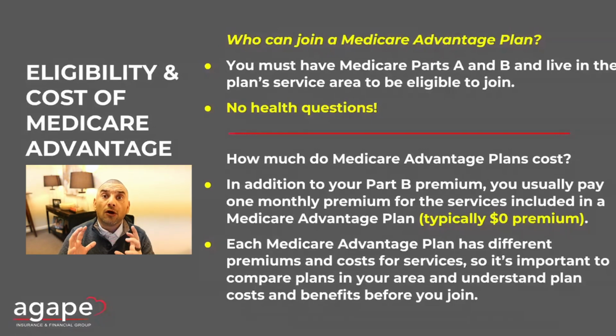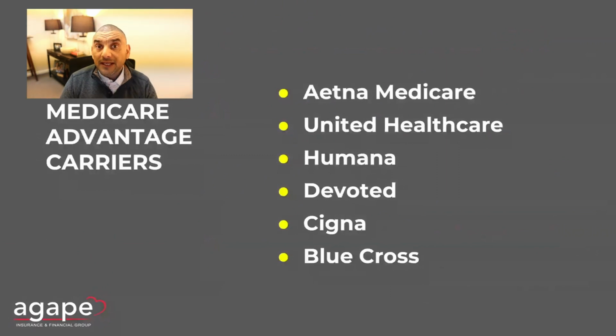You want to get all your doctors in the system to make sure that your hospital, your doctors, any durable medical equipment people that you're working with, dentist, vision, hearing, are all in the plan's network, because if you get on a certain Medicare Advantage plan, it could cost you a lot of money if you're not careful.